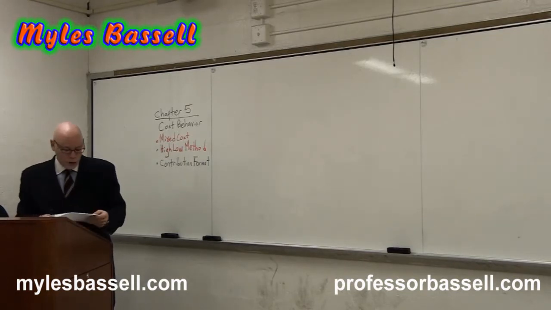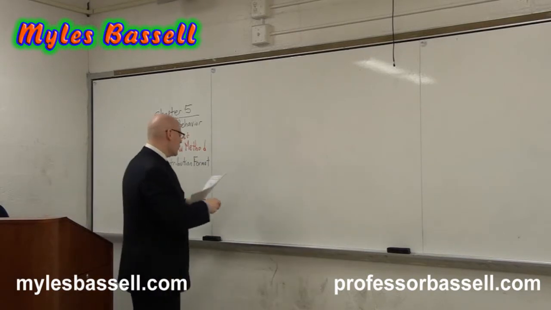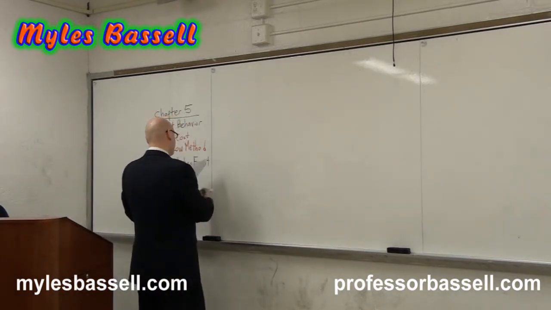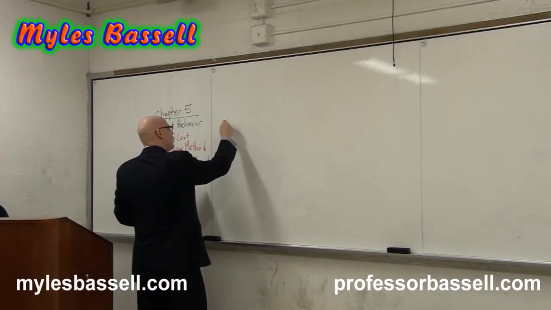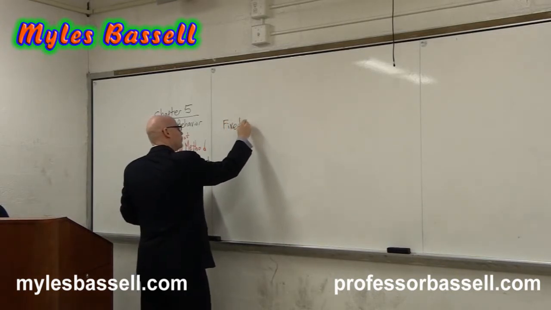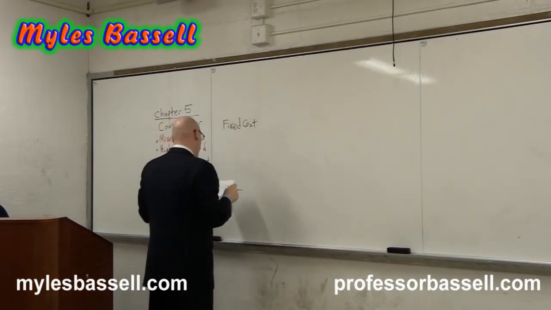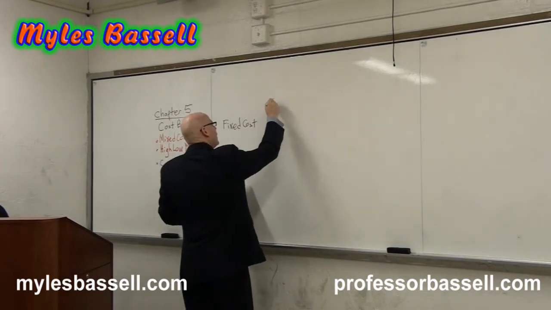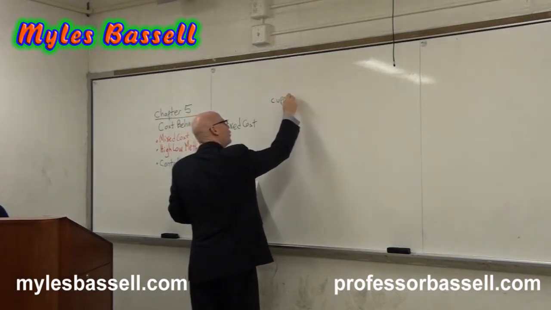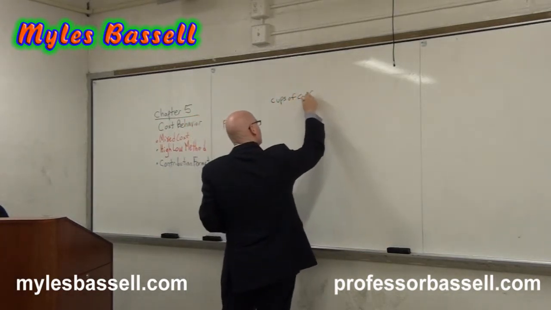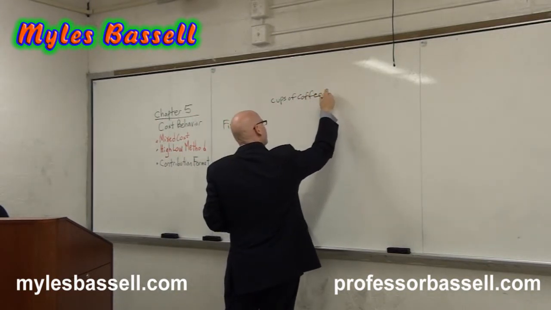All right, so let's put this chart up there. They tell us the fixed cost. That's the total fixed cost, right? Then they tell us the cups of coffee per week.